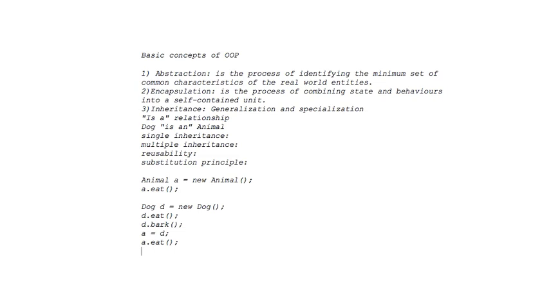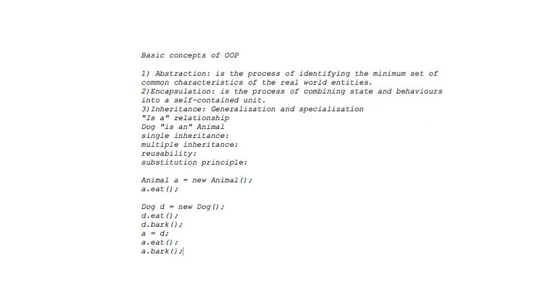But here if we call a.bark, it will not work because in this base object there is no room for the bark method. Even though we have this dog object assigned to this animal object, we can only invoke the methods which are defined in the base class.